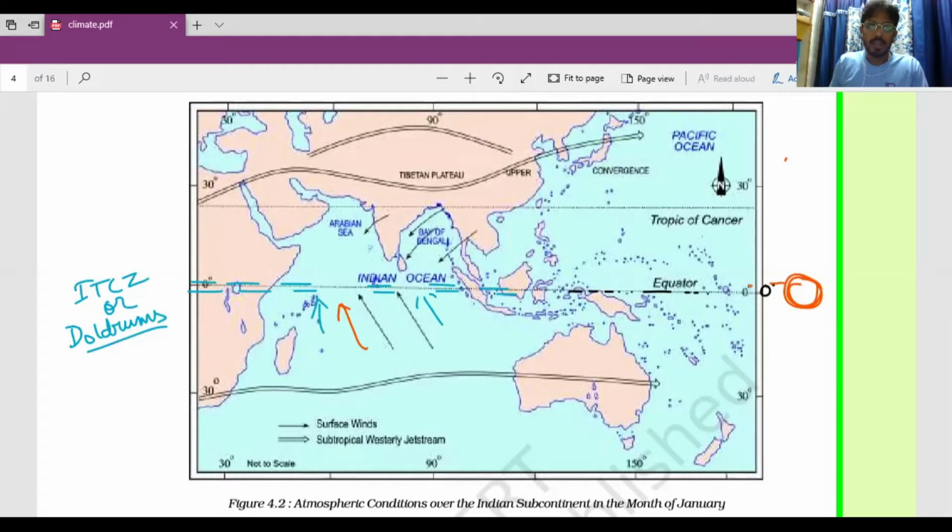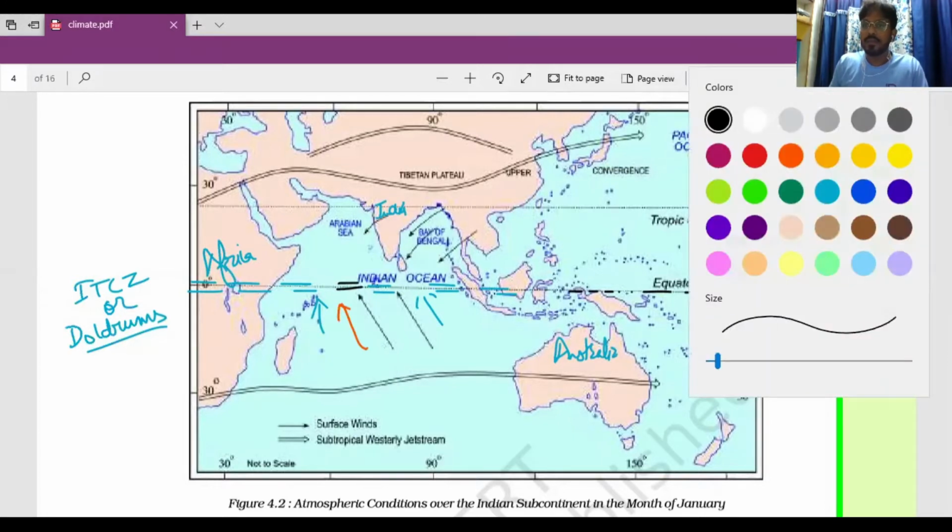See, this is Africa. Here we have India, right? Australia. So what happens? Winds are moving, and when they cross the equator, cross the ITCZ, winds start shifting towards the right.